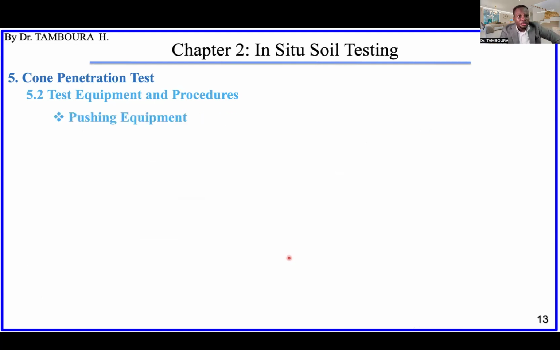Okay. So next we are going to talk about pushing equipment. Because CPT, as the introduction says, is just about pushing a cone in the ground. So what equipment is used to push the cone in the ground? There are different types of equipment.